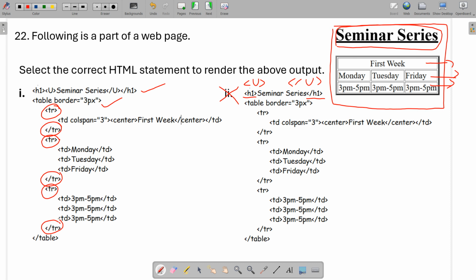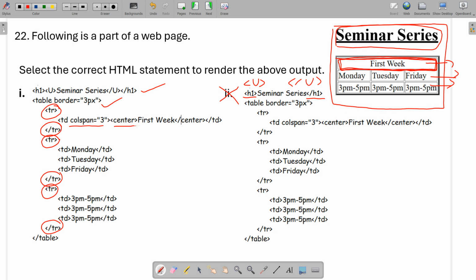And in the first TR couple, to have this kind of structure, you have to use the colspan attribute to span the structure together. Here they have used colspan equals 3, and they have taken the center tag as well.